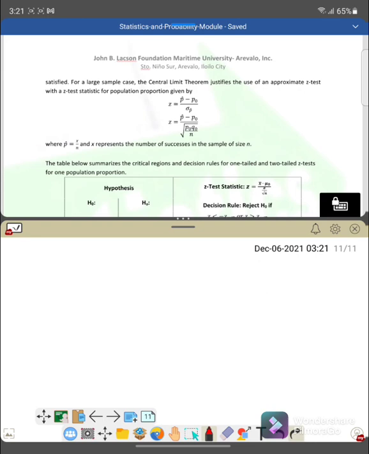The standard deviation of p hat is given by the square root of p sub o and q sub o over n. Where p hat is equal to x over n, and x represents the number of successes in the sample size n. Successes meaning those who are already surveyed and have answered the survey.